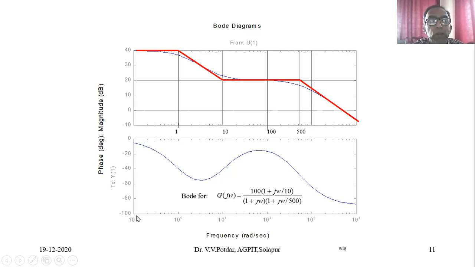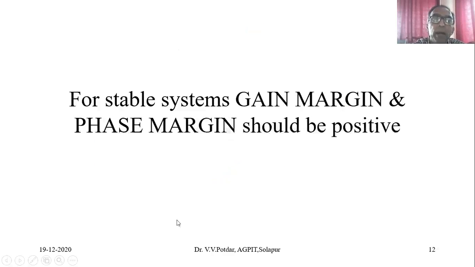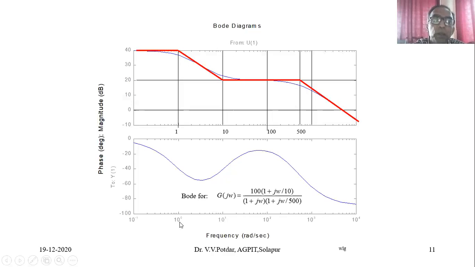For frequencies 0.1, 1, 10, 100, 1000, 10,000, I'll have the phase angle plot for these factors. So by using MATLAB, I can have a magnitude plot and a phase angle plot.